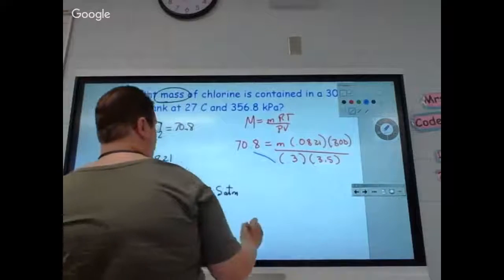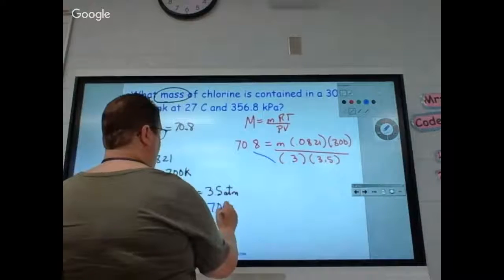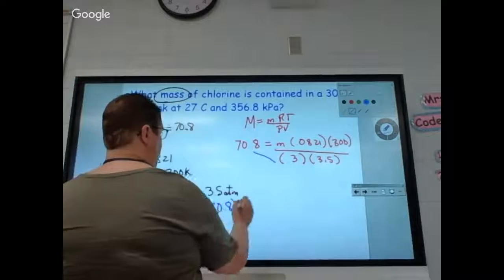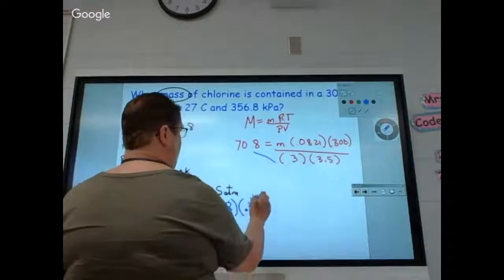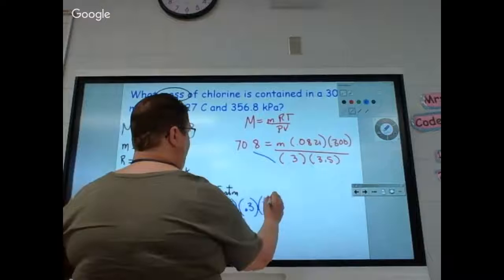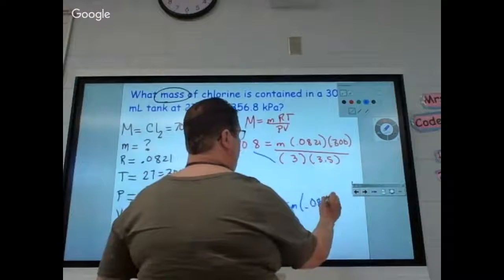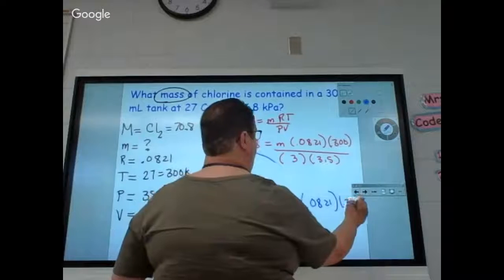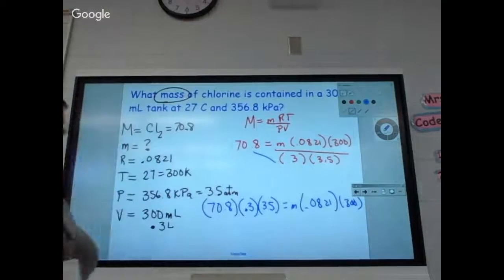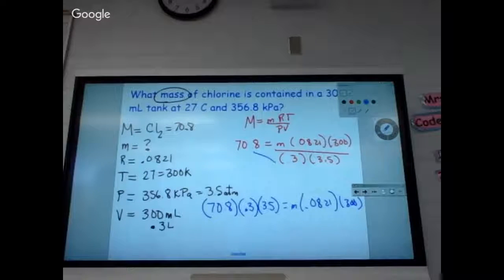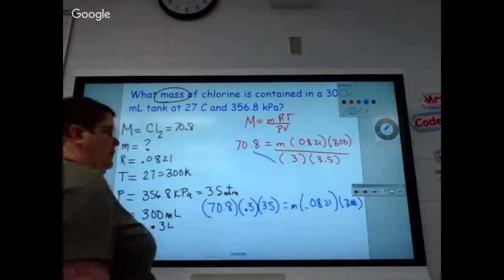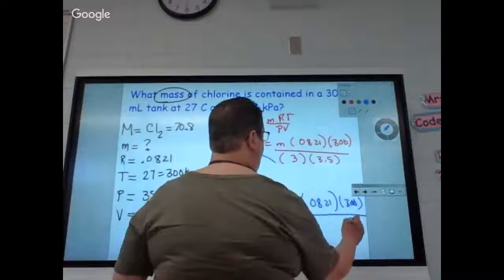Cross multiply: 70.8 times 0.3 times 3.5 equals M times 0.0821 times 300. Now, how do I get M by itself? Divide by R and divide by 300.